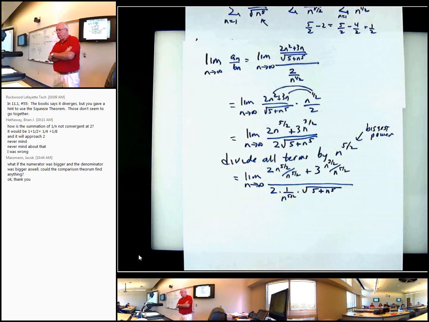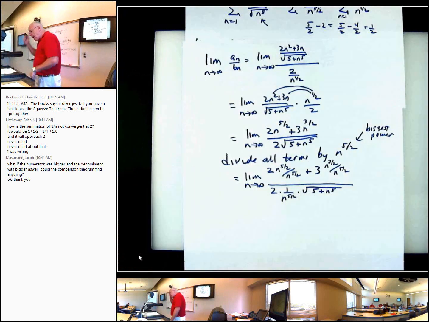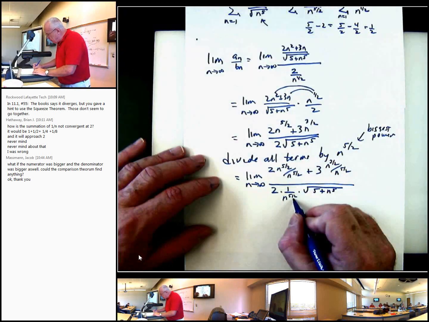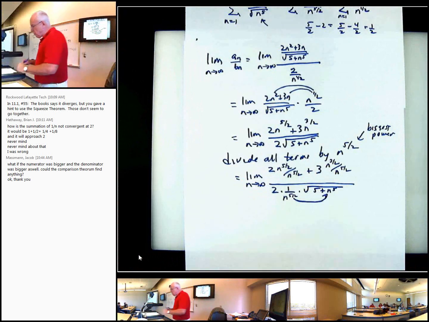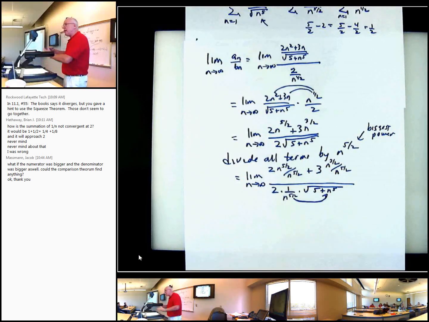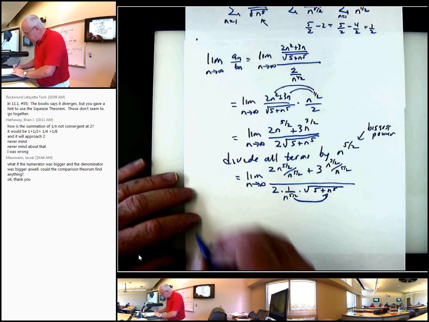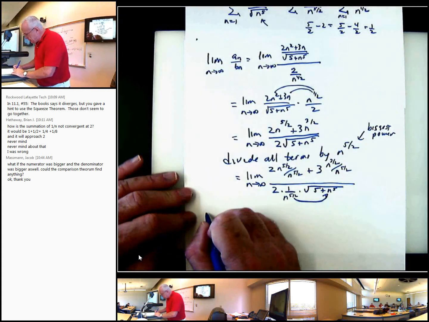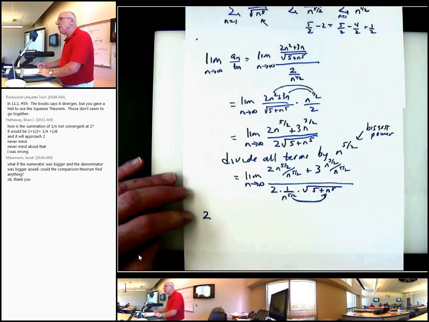Okay. What happens here, I want to bring this under the radical, yet not change the expression. If I'm going to bring this 1 over n to the 5/2 under the radical, what do I need to do to the power of the 5/2 to move it underneath the square root radical?